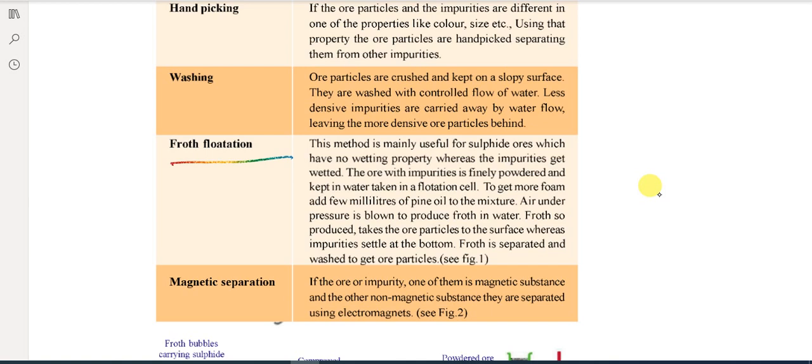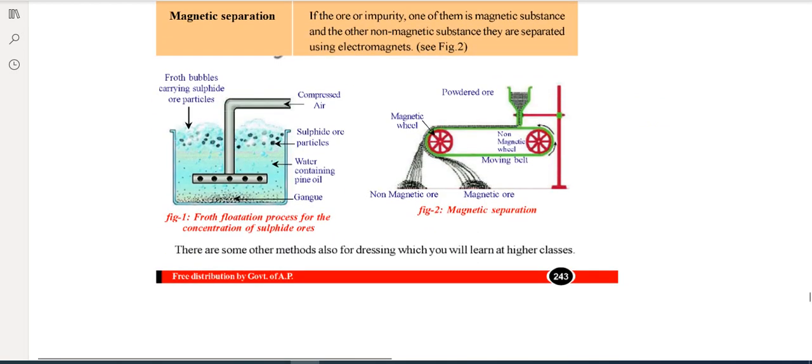Yes, sulfide ores, the main point, which are not wetted, whereas the impurities get wetted. So you are using this method. Okay, flotation. Magnetic separation, you know. The diagram is important, and below the gangue. Yes, here sulfide ore particles, compressed air, labeling. Magnetic separation, you know.